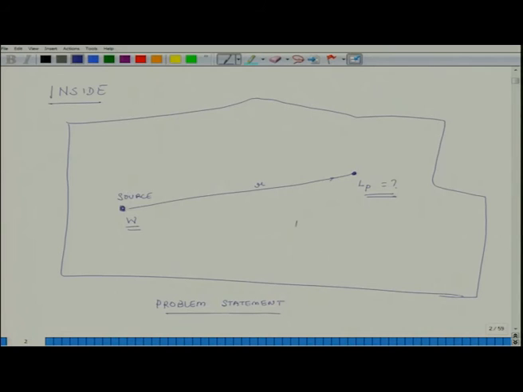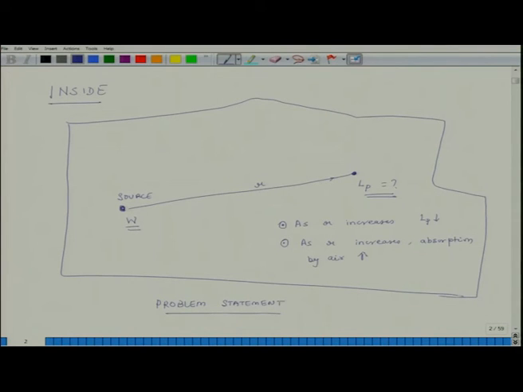So, let us first list down factors, then we will talk about a mathematical relation, how they are all connected. So, as R increases, you would expect LP to go down. Second thing is, as R increases, absorption by air should also go up.